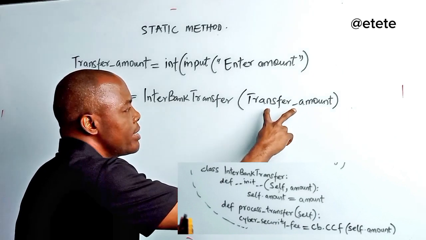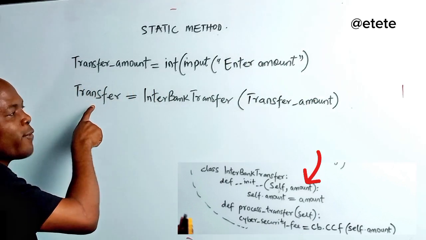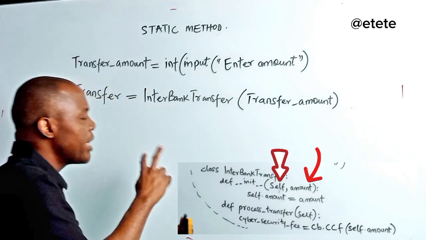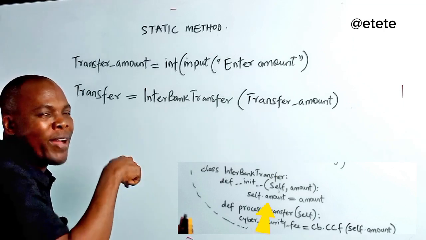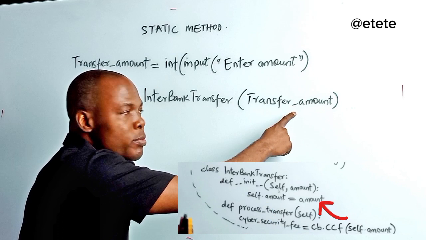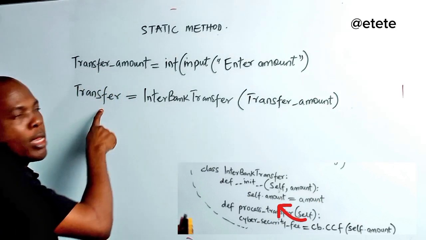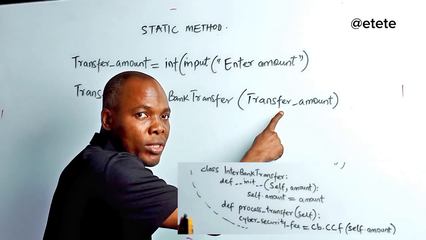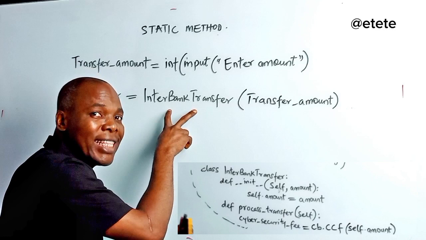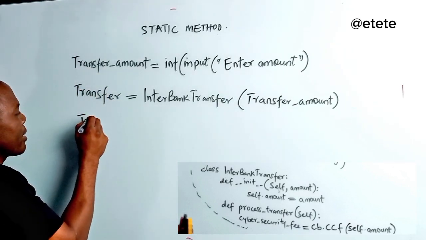It will supply this transfer amount to the amount. And then this transfer will go to self. And then it will create transfer dot amount, which is the amount that is going to be assigned. So the attribute of this object will store the value that we are going to give here. Are you with me?